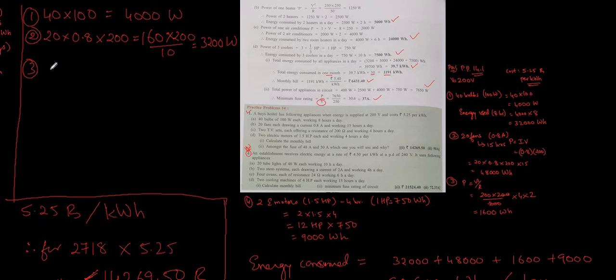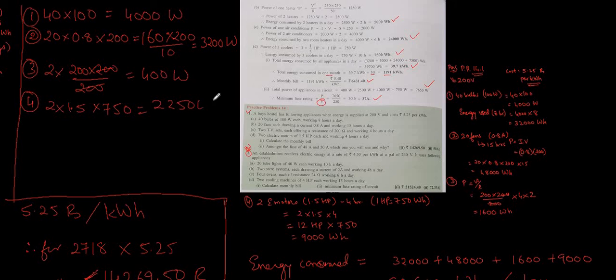Number 3, 2 TV sets. So here 2 multiplied by 200 multiplied by 200 upon 200. So that will be 400 watts. Number 4, 2 electric motors. So 2 multiplied by 1.5 multiplied by 750. That is going to be 2250 watts.